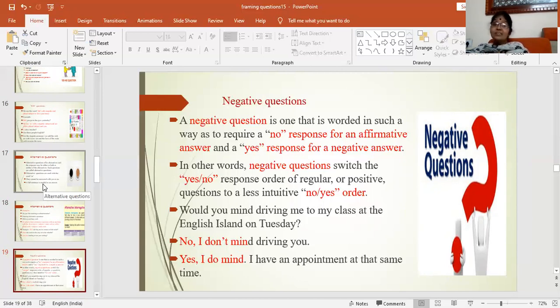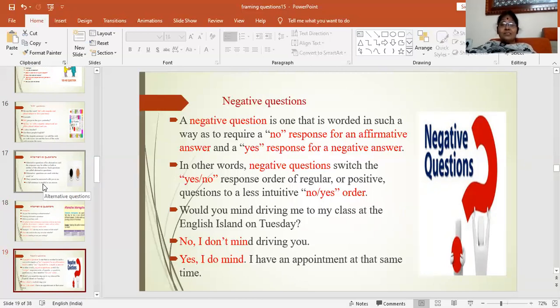In other words, negative questions switch the yes-no response order of a regular or positive question to a less intuitive no-yes order.